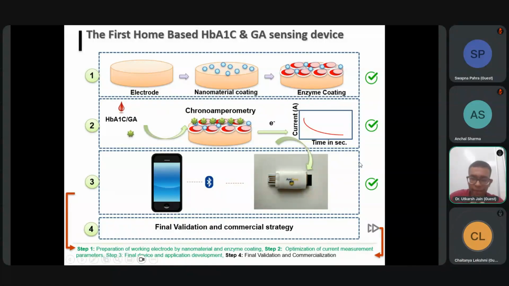This is the device which we have prepared, a very small device, connected on one side with the electrode and on the other side with the mobile. Then all the information you can get on the mobile for checking HbA1c and GA.